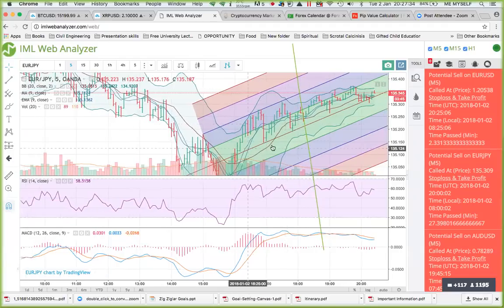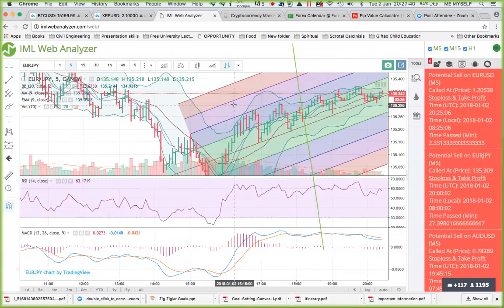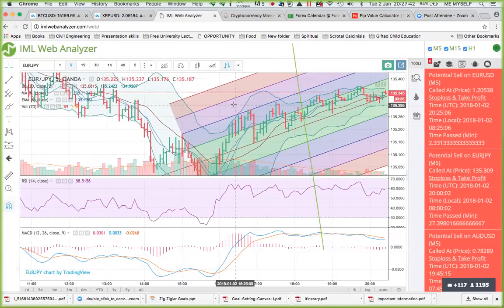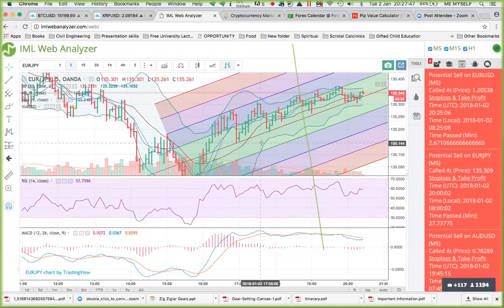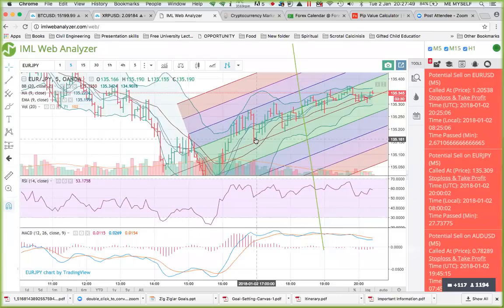When you're just starting off, I encourage you to just take trades on buys. Here the pitchfork is facing up, so you take a buy trade on the median, or if there was an outer parallel hit, you take a buy there.